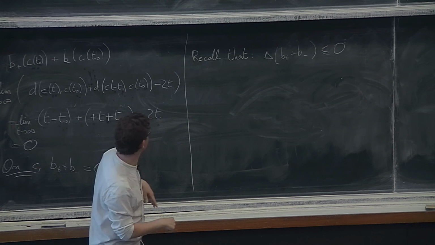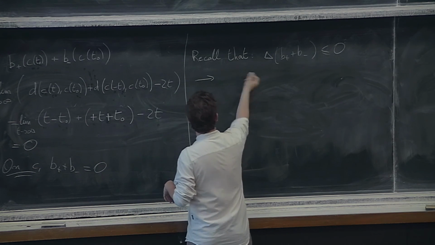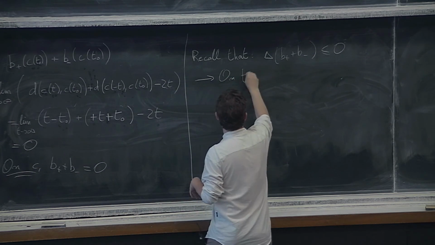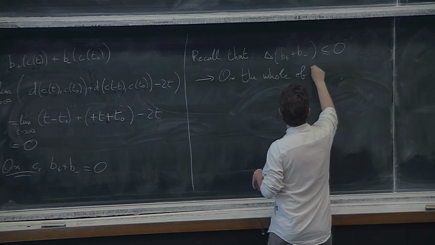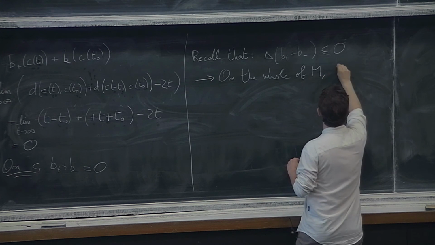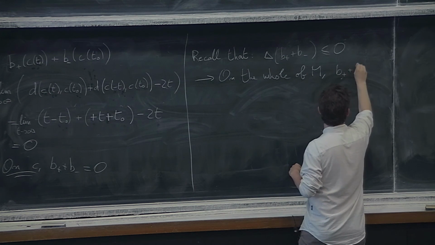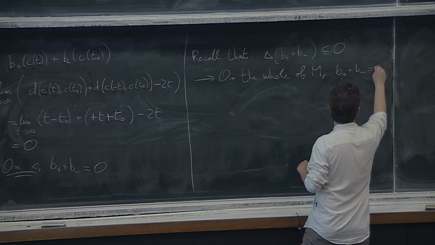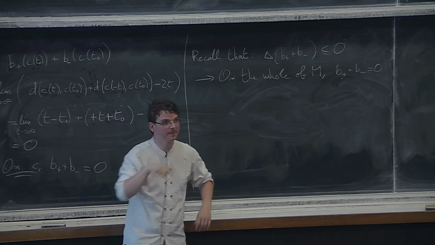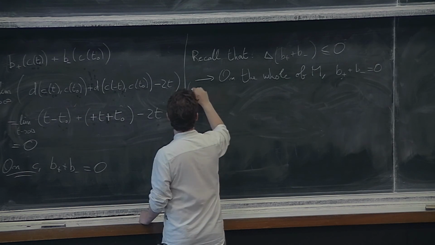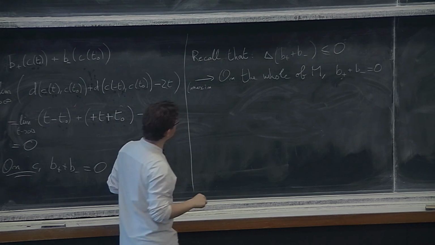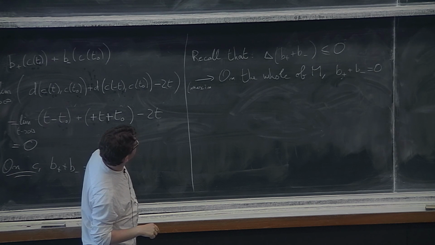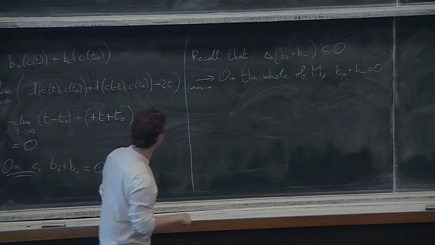The maximum principle will tell us that on the whole of M, b plus plus b minus is equal to 0. So that's just the maximum principle. We have a superharmonic function which achieves its minimum.